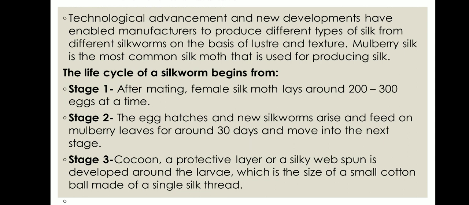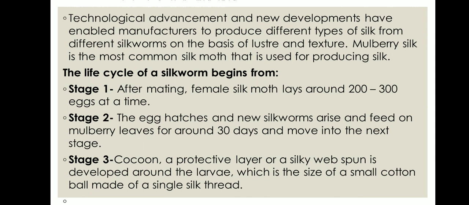The female silk moth, which is shorter, and then the male, lays 200 to 300 eggs at a time, right? Then after 20 to 25 days, the eggs hatch and the larvae of silkworms emerge.